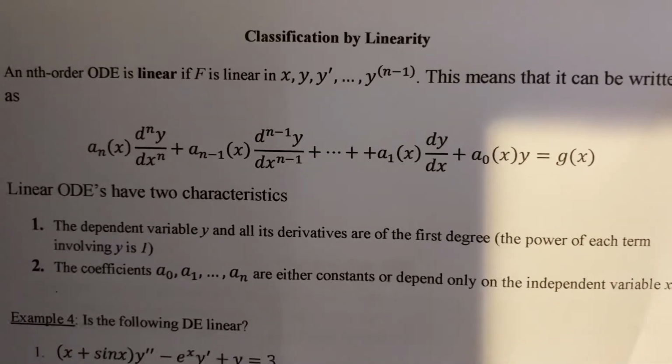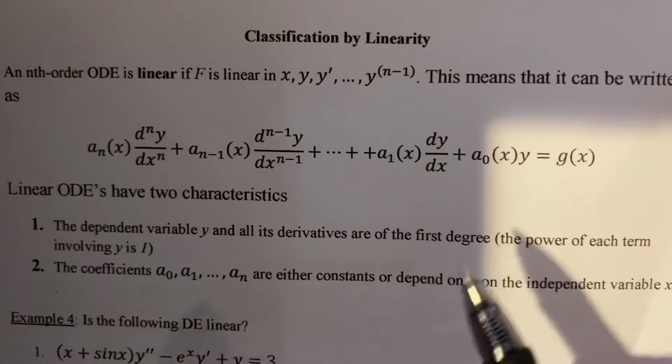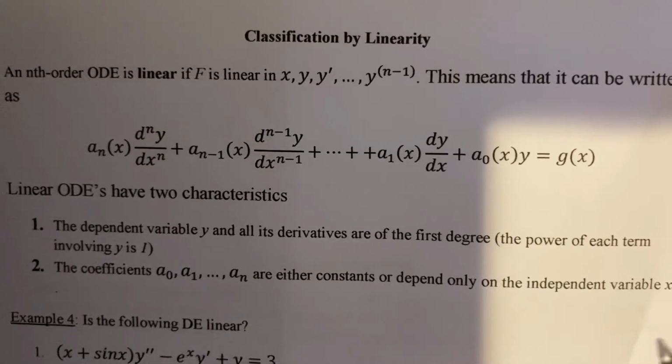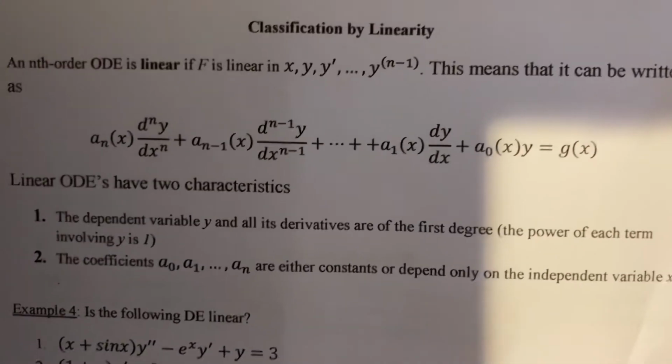We'll go over a few of these to see how we can tell if they are linear or not. I can't have, like the previous example, the first derivative to the 7th power. That's not going to be linear. Let's go over a few examples and you'll see why.